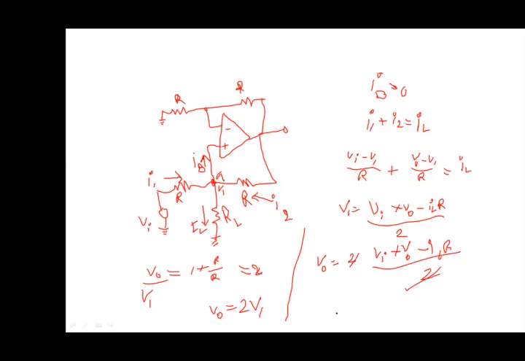So finally, by solving this equation, you are going to get that IL is equal to Vi by R. So this is how we obtain the equation for the grounded load.